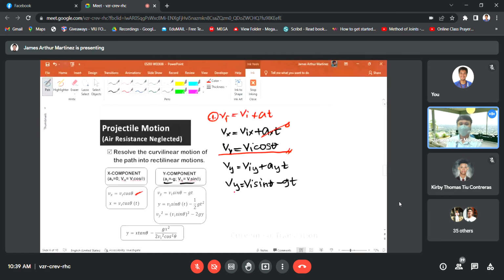Okay? So, this is now our first equation for y component. Makita nimo na siya sa projectile equations, no? Or the first formula for x and y component is from the first equation of rectilinear translation with constant acceleration.